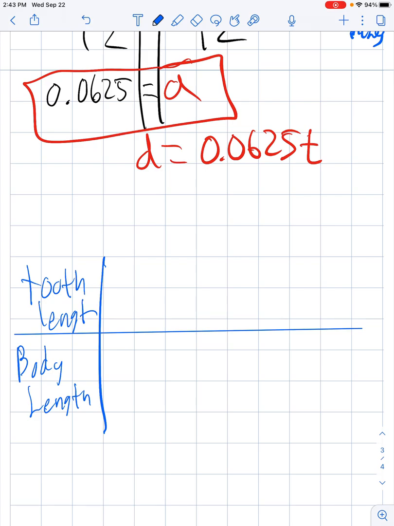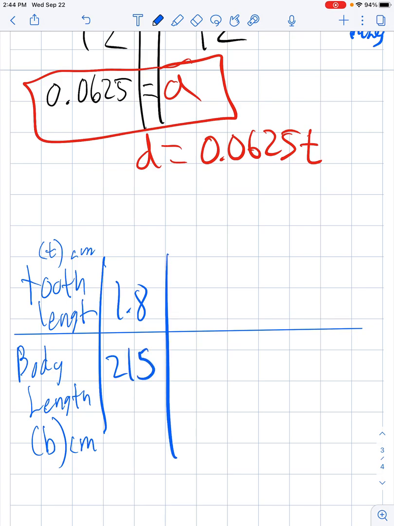And again, these are going to be tooth length, I'm going to call it T, and body length, I'm going to call it B, and they're both going to be in centimeters. So we got 1.8 for my tooth length, and my body length is 215 centimeters. And again, this would all be given to you in the problem. So again, I'm just writing down the problem for you.